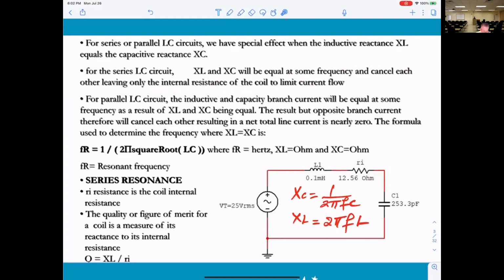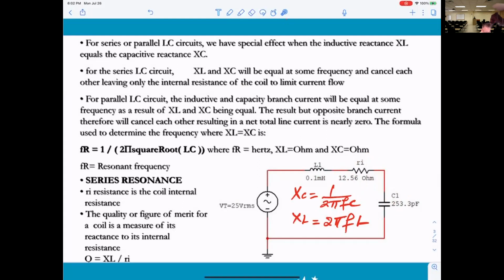At the resonant frequency, you don't have any more reactance, XL, XC. You only have a single resistance, that internal resistance of the inductor. So when you get a very, very small resistance, then you get the maximum current.